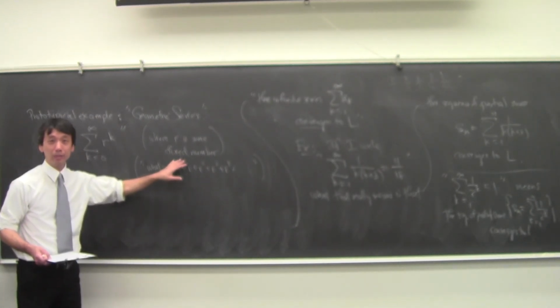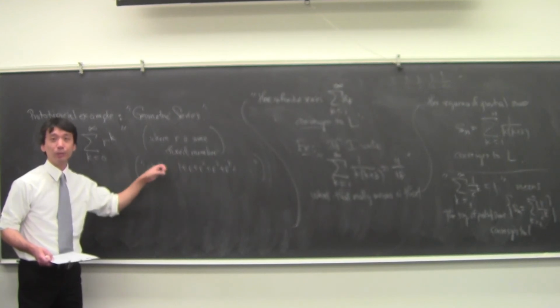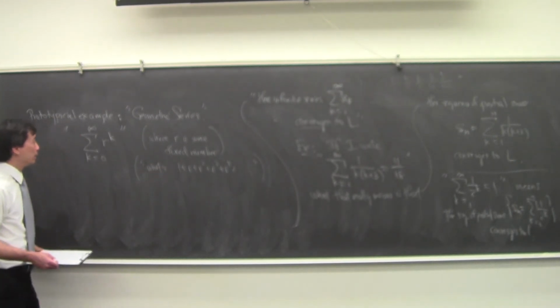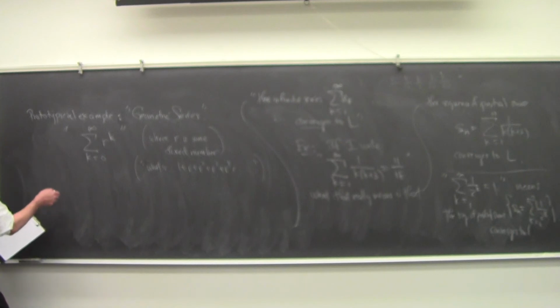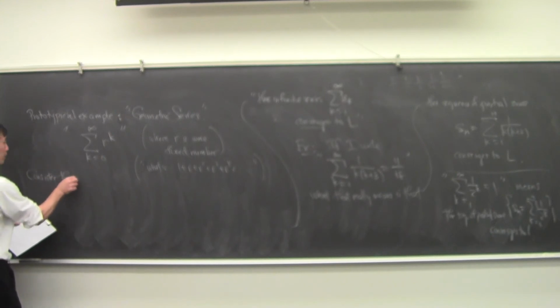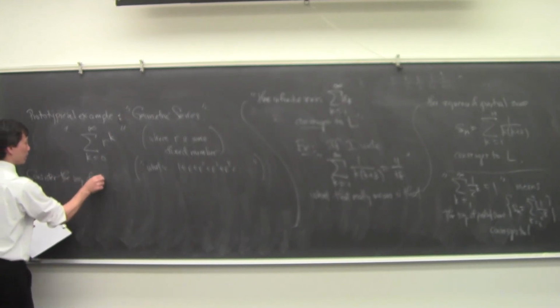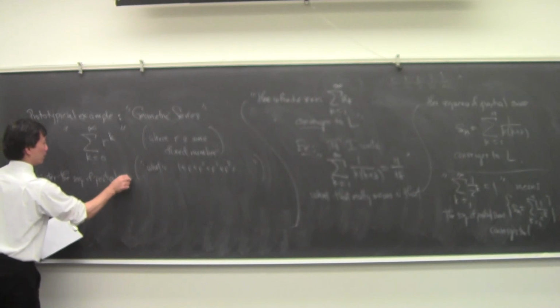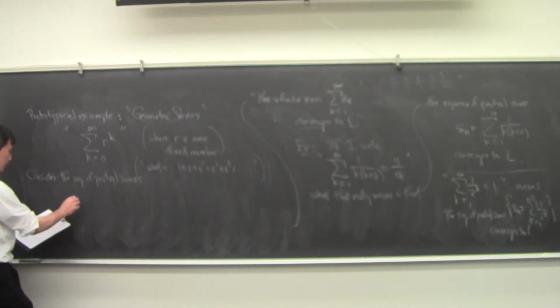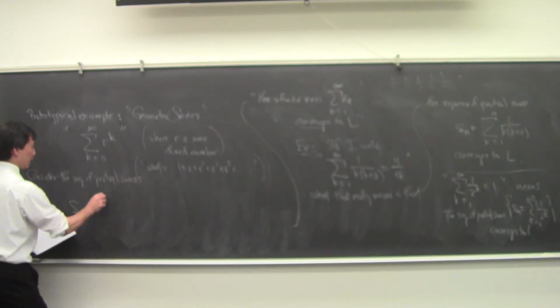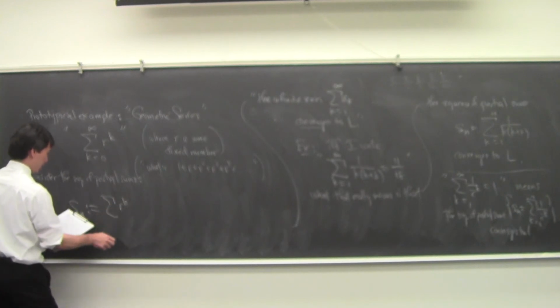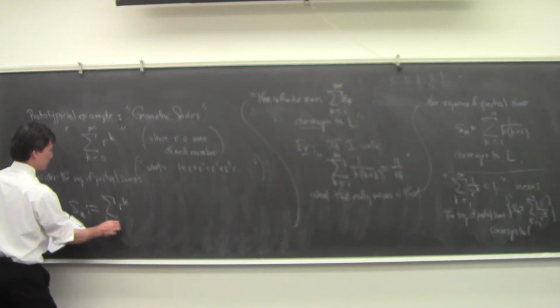Okay, but the way we think about this is in terms of the sequence of partial sums. So let's look at the sequence of partial sums. S sub n is going to be the sum of r to the k from k equals 0 to n.